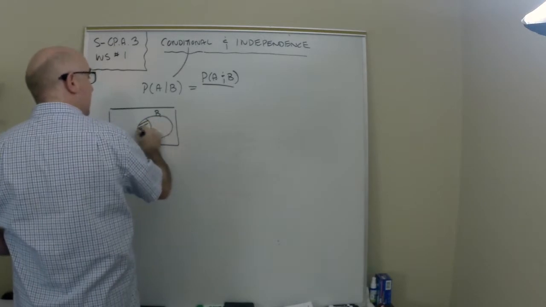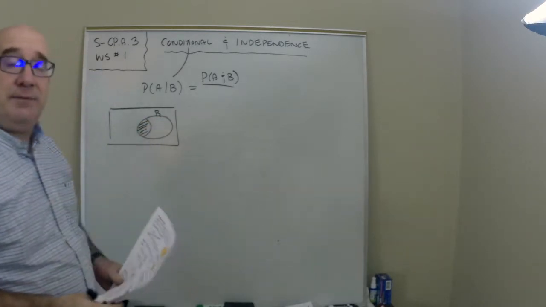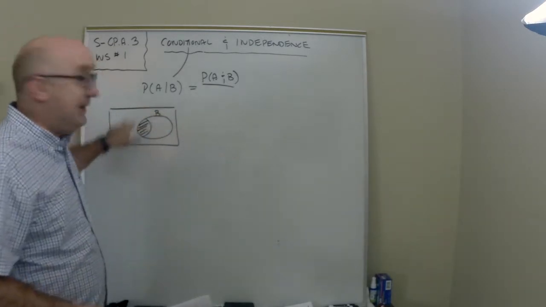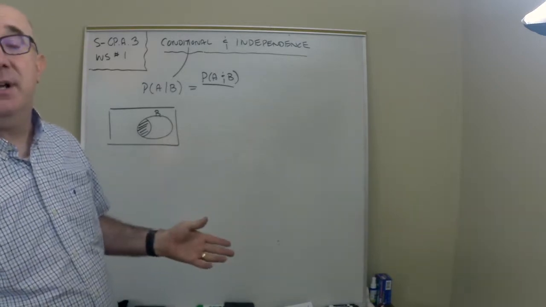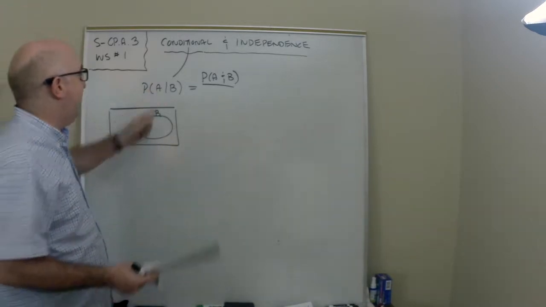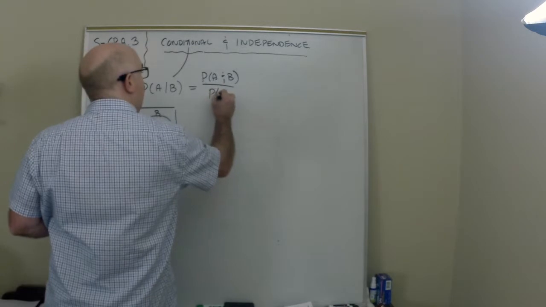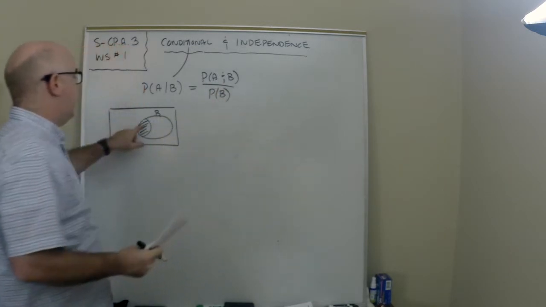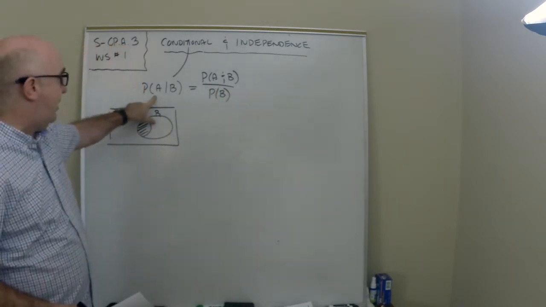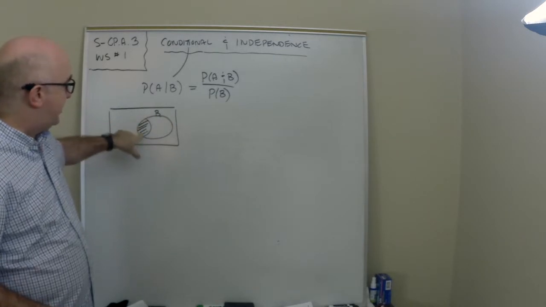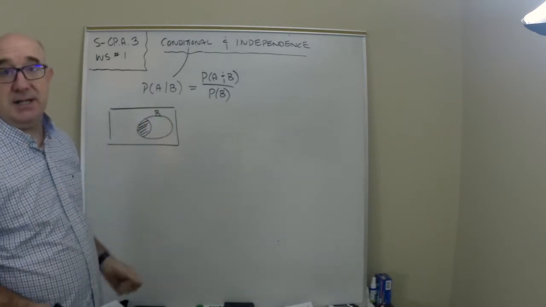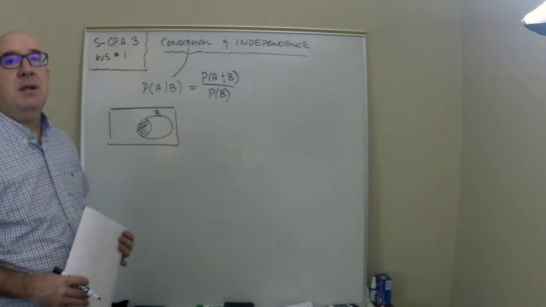This little bit. That's the only way you can get an A now. If B has happened, something in that boundary has happened. The only way for it to be A is for it to be in that intersection. So the chances of A now are the intersection out of all of what B is because it's happened.